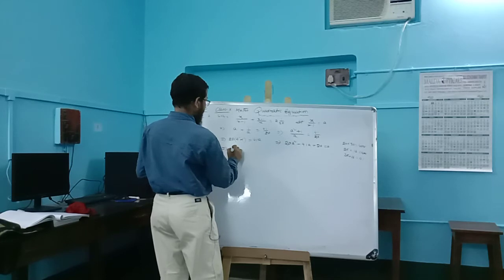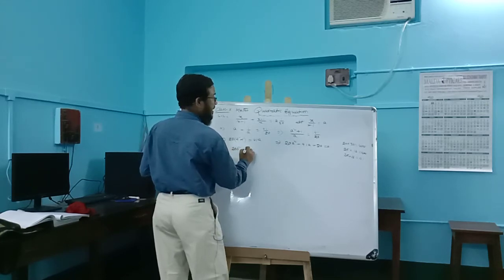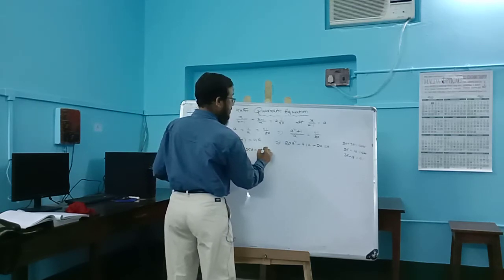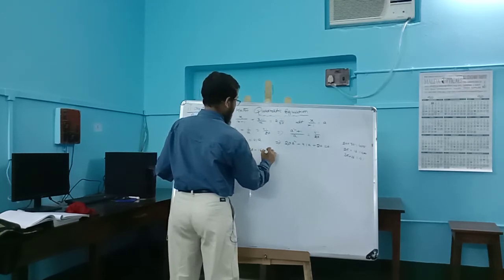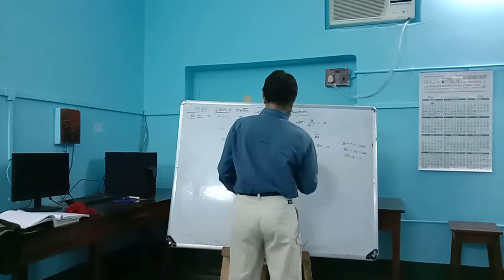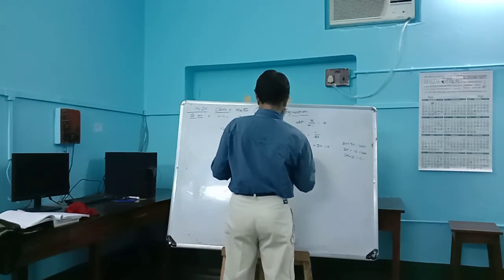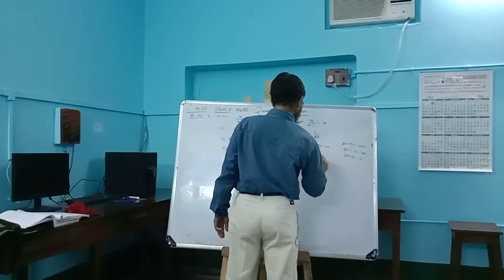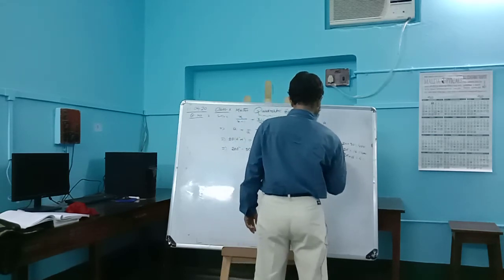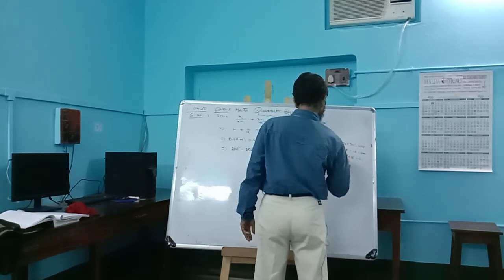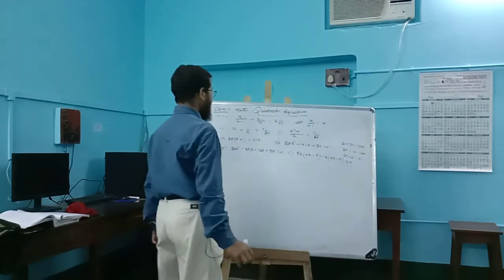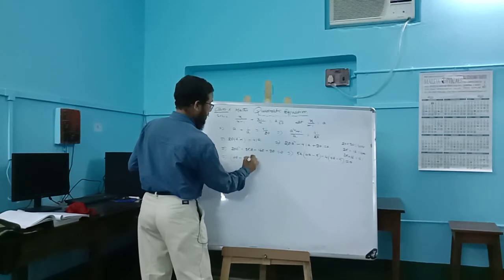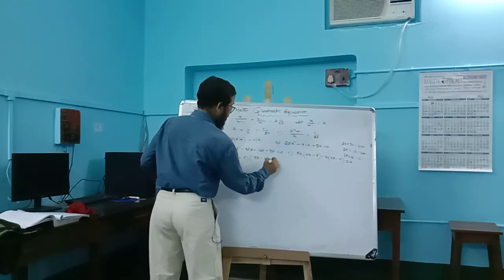This implies 20a² − 25a − 16a + 20 = 0, which implies 5a(4a − 5) − 4(4a − 5) = 0, which implies (4a − 5)(5a − 4) = 0.